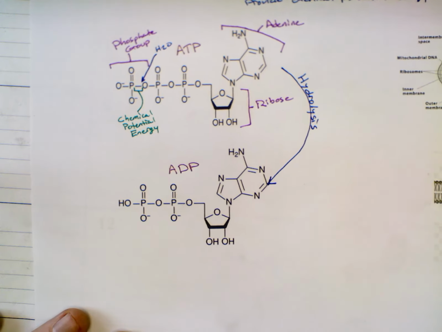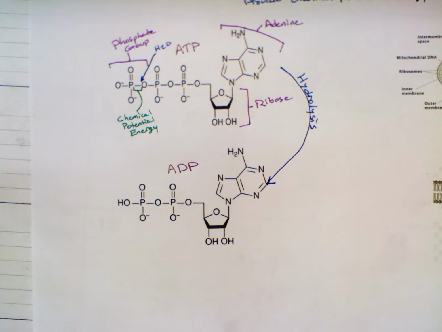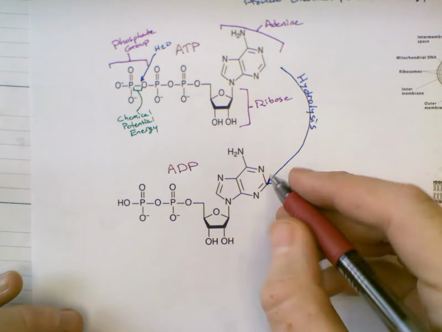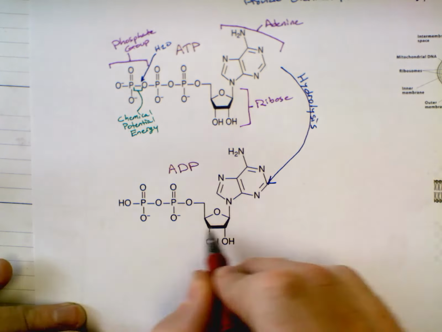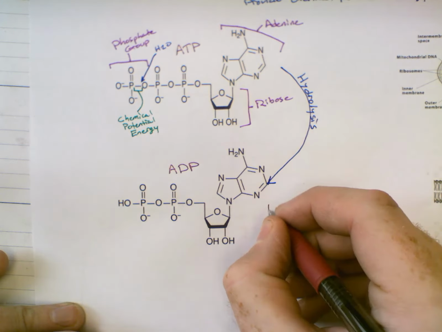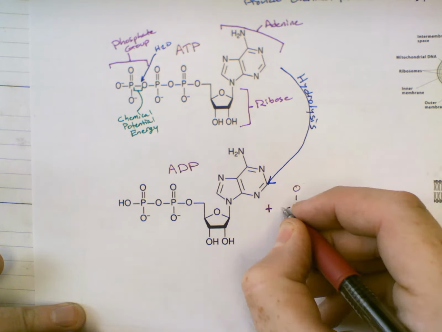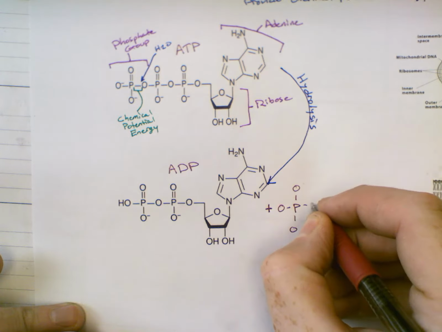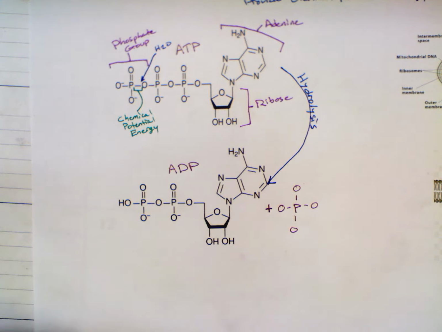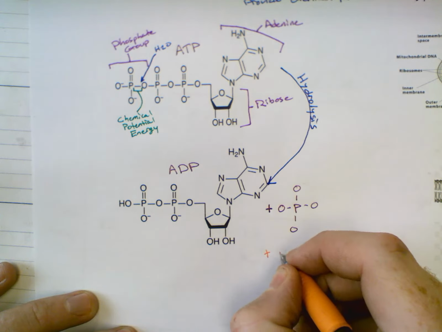So after the hydrolysis of ATP, we have a few things left. We're going to have the ADP. We're also going to have the phosphate group that got knocked off. And then, more importantly, we're going to have the energy that is released through this reaction.